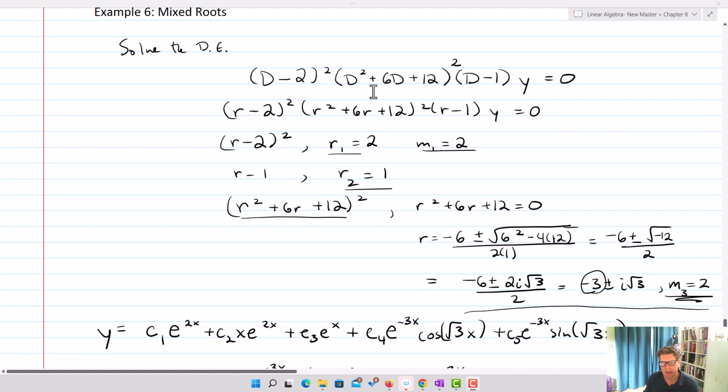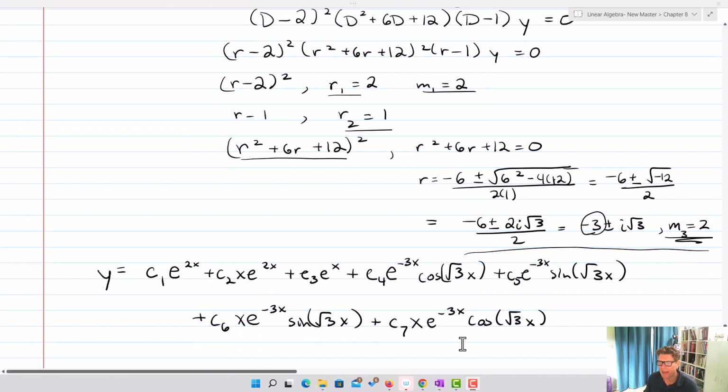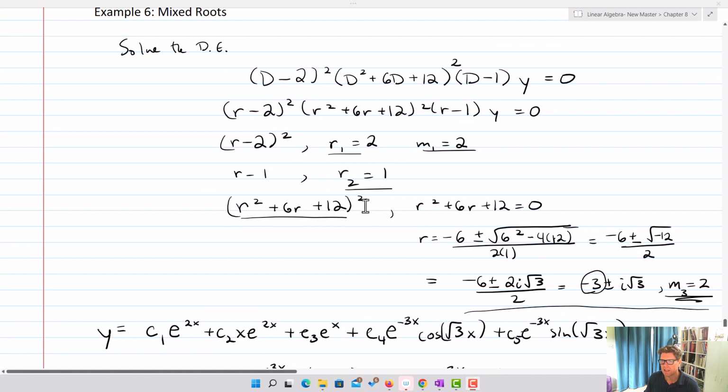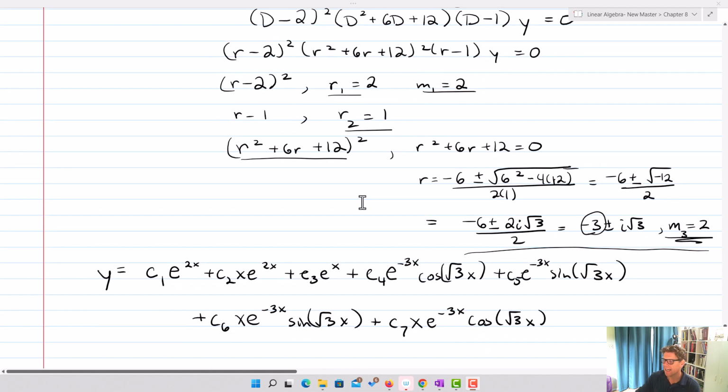Then I've got another term that is squared, squared, so that's the fourth power. So that's 2 plus 4, that's 6. And then I've got my 1 for (D minus 1), so that's 7. That's also how I know that I'm going to end up with 7 linearly independent solutions to this particular homogeneous differential equation. It's just something to keep in mind. I'll point it out every once in a while as we're working: how many of these solutions should I expect to have?